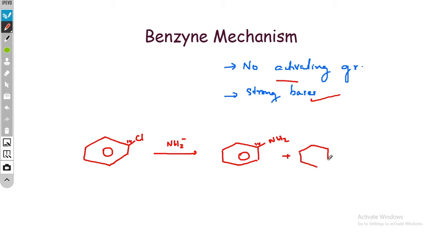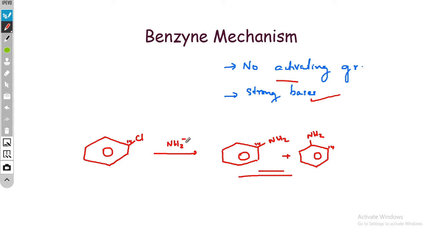Then another product is formed, here NH2 and here is the carbon 14. So by looking at this compound, you can identify that this is not the SNAr mechanism or any other mechanism.